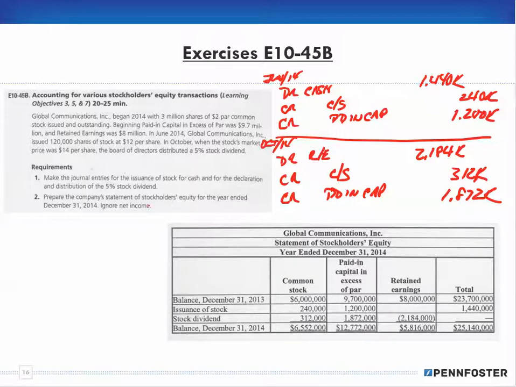So it says prepare the statement of equity for the year ended December 31st. We have to start out with our beginning balances. So what are our beginning balances?